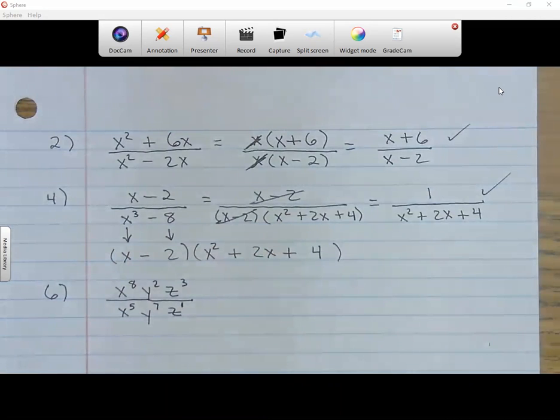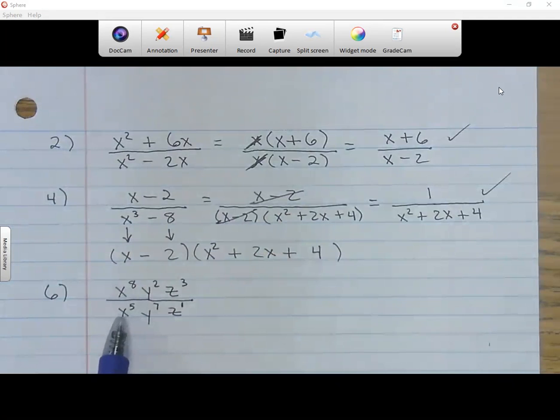So now what I do is, if something is the same on the top and bottom, I can cancel them out. What this is going to look like is the smallest number is going to get canceled out. So whatever the smallest number is, whether it's on the top and bottom, it's going to be canceled out. And I'm going to take them away from whatever the bigger exponent is. So let's say I have 8 x's on top and I have 5 x's on the bottom, right?